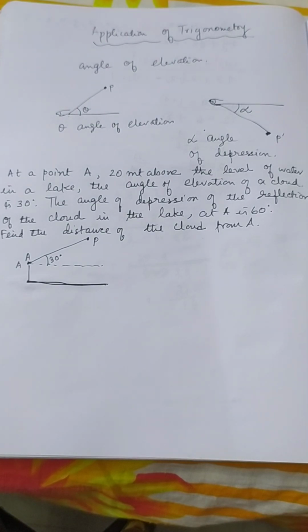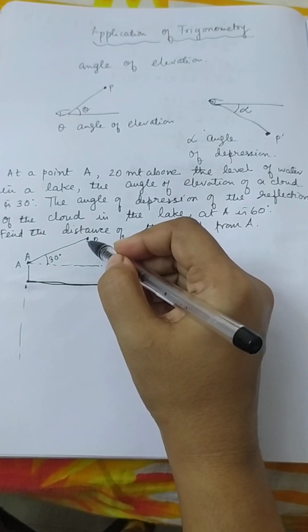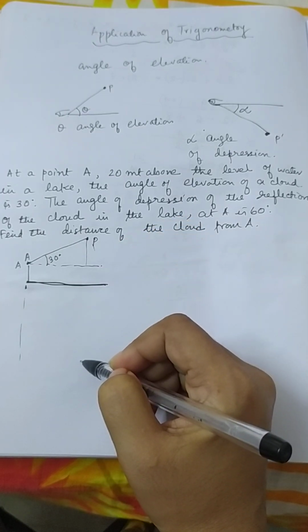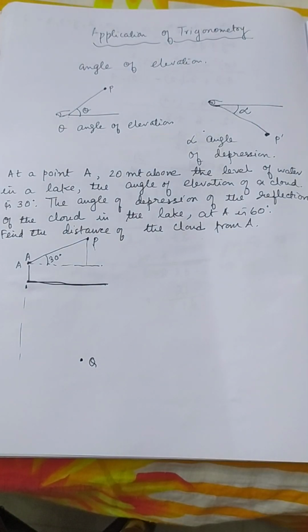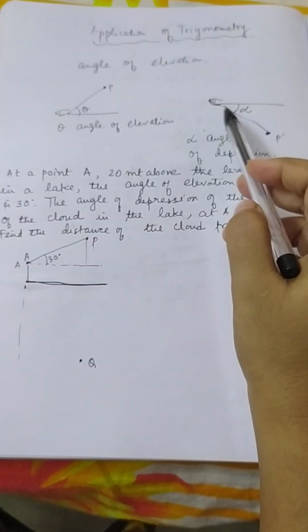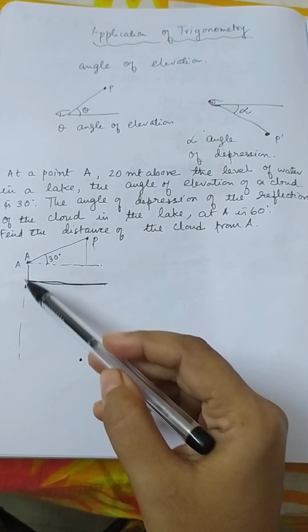The angle of depression of the reflection of the cloud. Now suppose within this lake, the reflection goes to some depth, which is denoted as Q. So what will be the angle of depression? Here the observer is watching there, it is the horizontal plane.